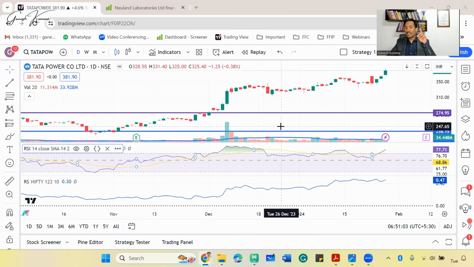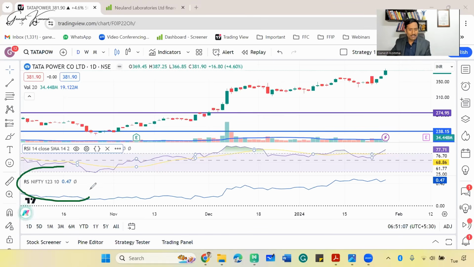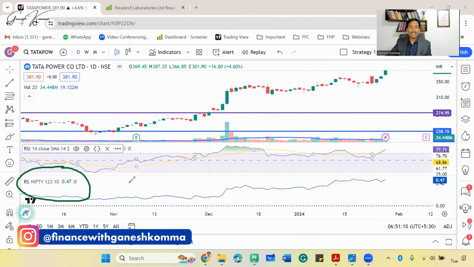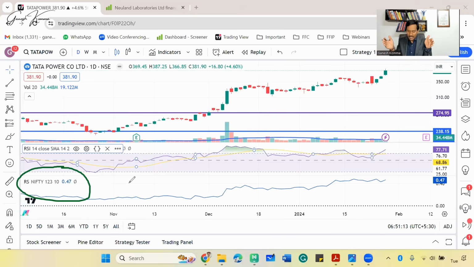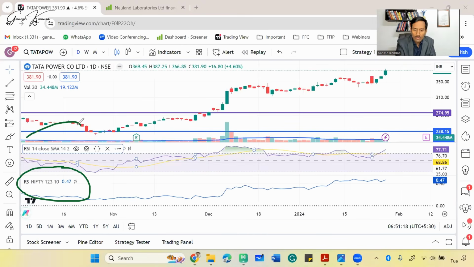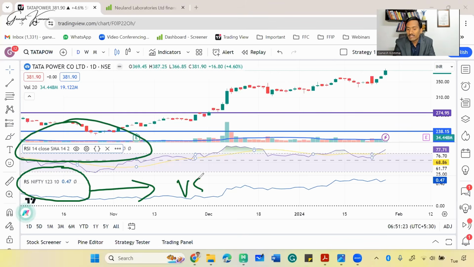Accumulating more strength. And please understand, whenever we talk about RS, we are not discussing RSI. Both are different. The reason I'm discussing these two indicators in one particular session is to differentiate between them. So RS is strength versus a benchmark.